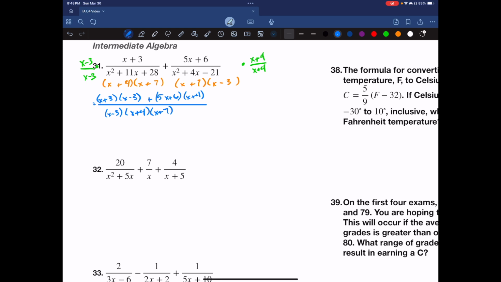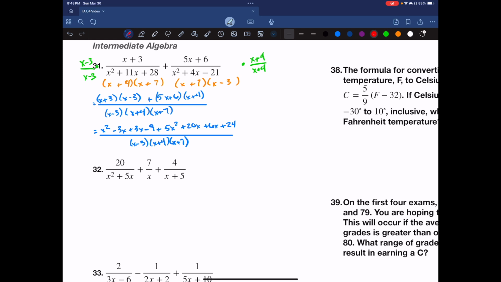So this is going to be x squared minus 3x plus 3x minus 9 plus 5x times x is 5x squared. It's going to be 20x, 6x, and 24, all over x minus 3, x plus 4, x plus 7.